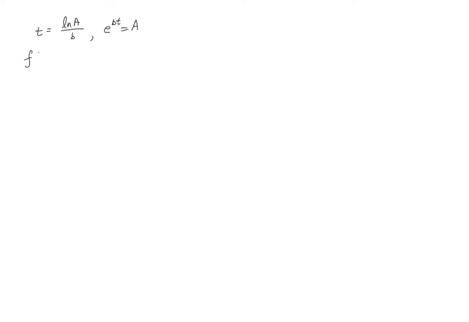So f(ln A over B) is equal to C divided by 1 plus A e to the power of negative bt, where e to the power of bt is A. Therefore this implies e to the power of negative bt is 1 over A. So I just substitute here, times 1 over A. Cancel, cancel.